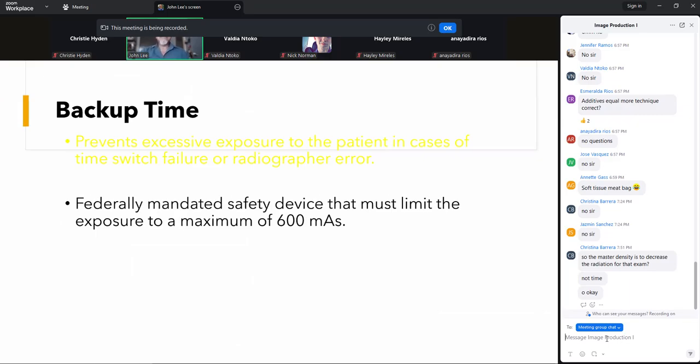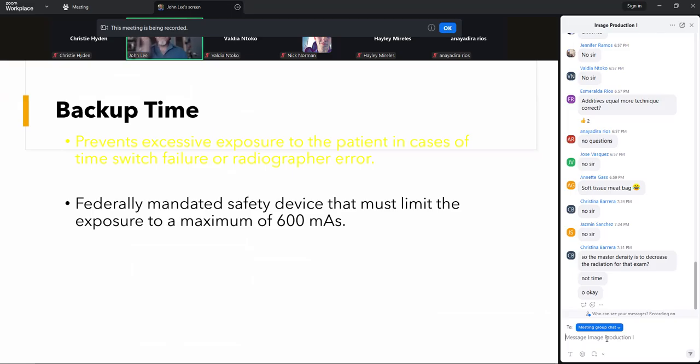Okay. And a federally mandated safety device limits the exposure to a maximum of 600 mAs. Okay. So imagine, if you've paid attention using the AEC, you'll know that if we use 120 kV on a high frequency generator or even a 3-phase 12 pulse generator, we're probably going to use, for a sthenic patient at about 23 centimeters in thickness, about 4 mAs at 120 kV.